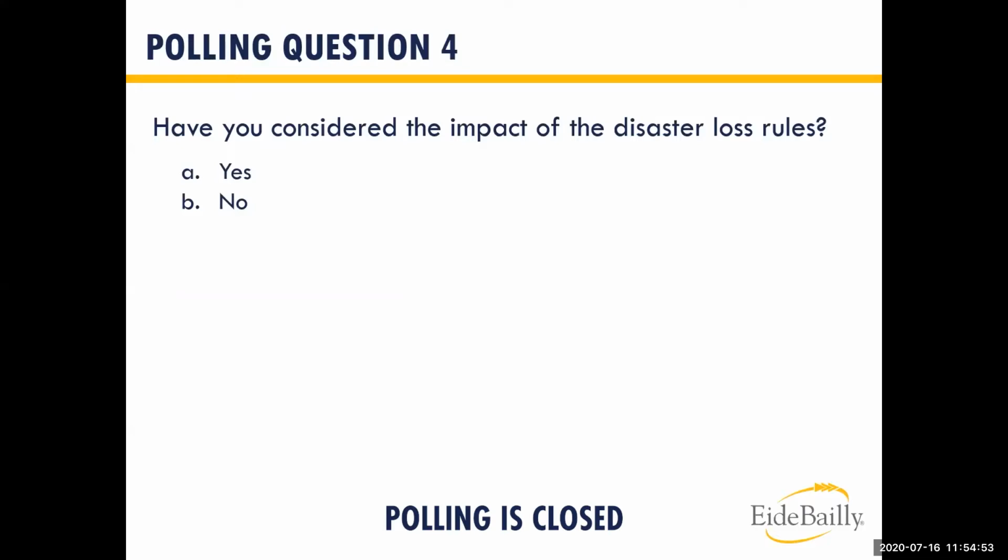Interestingly, people who live in areas more frequently impacted by natural disasters, wildfires, floods, hurricanes, tornadoes, may be more familiar with those rules than individuals in areas where those disasters are less frequent. So it's been interesting to see a whole new group of taxpayers looking at these rules who may never have considered them before.